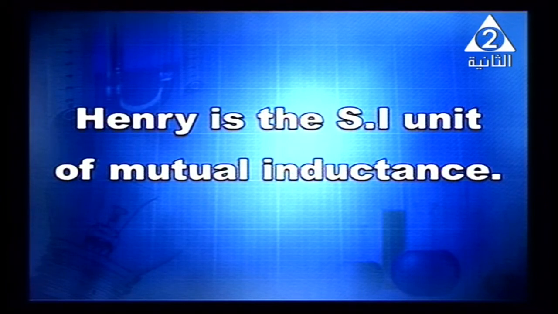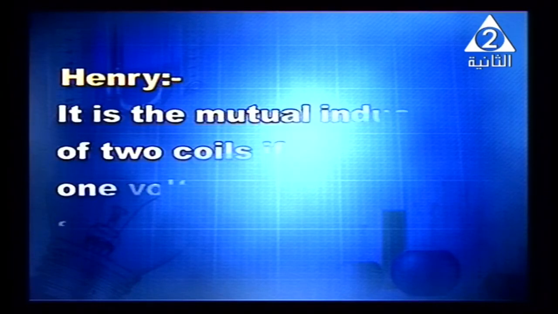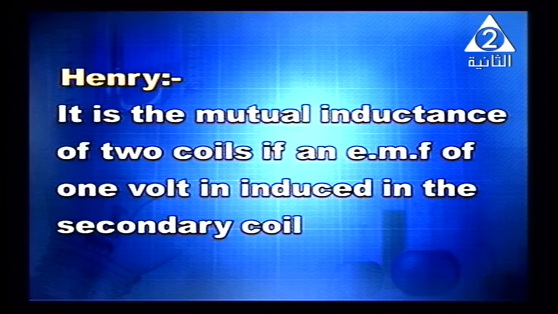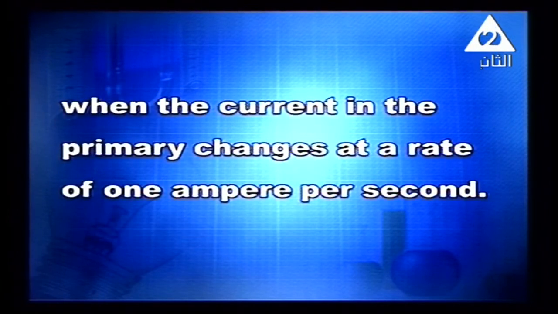So we need to define Henry according to mutual induction. It is the mutual inductance of two coils if an EMF of 1 volt is induced in the secondary coil when the current in the primary changes at a rate of 1 ampere per second.